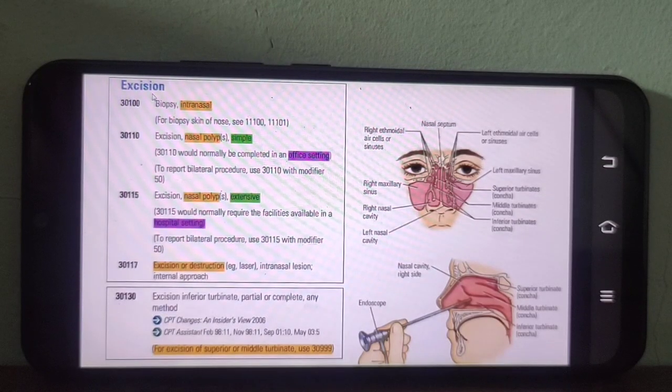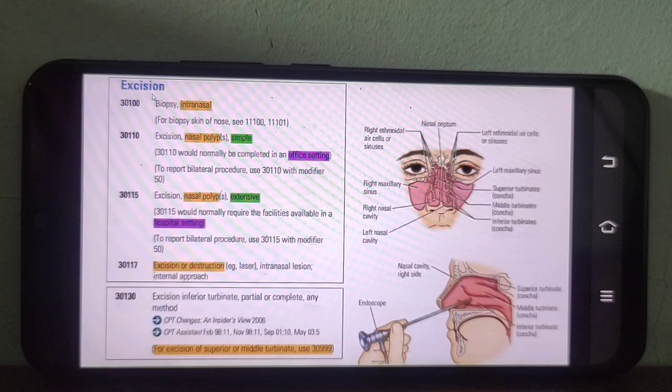Now the procedure is removal of polyps. Anatomical location is nasal. In this nasal polyp removal, we have two classifications, simple and extensive. For simple, the procedure is completed by the physician in an office setting; office means outpatient setting. A hospital setting should be considered extensive.